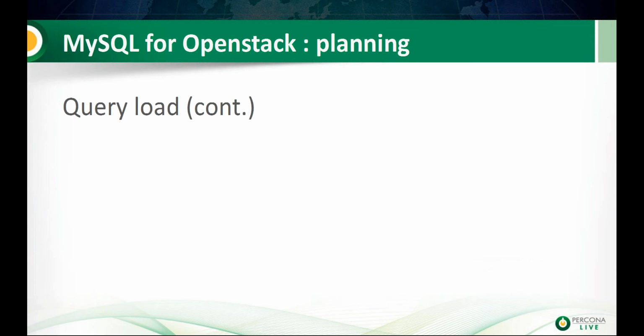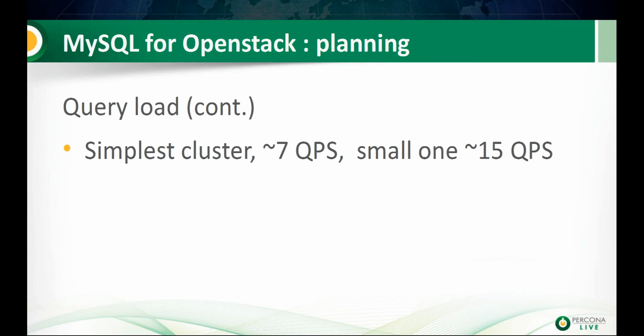In terms of query load, if you look at a very simple setup, a bit like DevStack or a very small one with less than 10 compute nodes, you will see something like 7 to 15, 20 queries per second on average. So it's rather tiny.